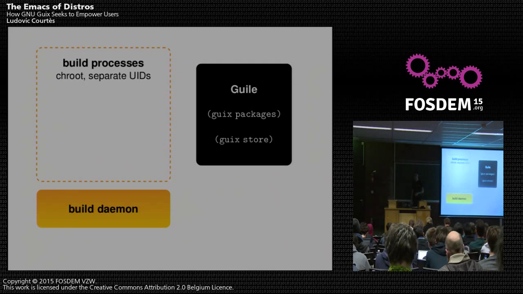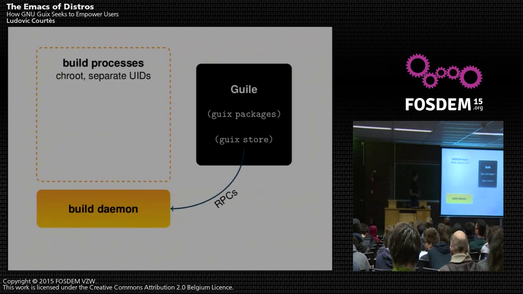What happens when you build a package with Guix is that the Guix program, Guix package for instance, just talks to the build daemon. If you were at Nicholas' talk this morning, it's the same as the Nix daemon. It's a C++ daemon which takes care of setting up chroots, containers roughly, with separate namespaces, separate UIDs, and everything.